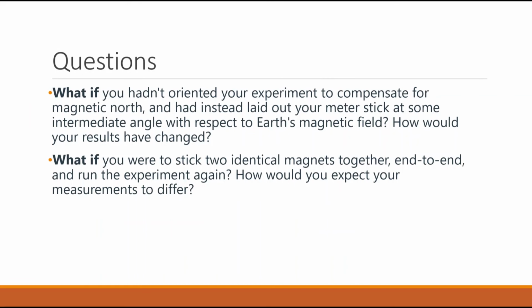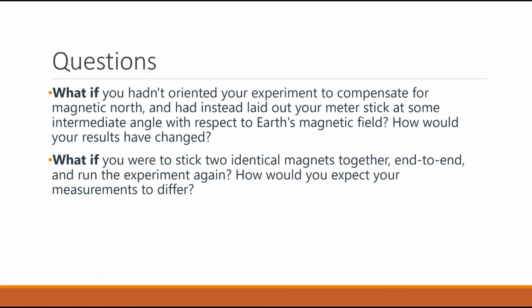So some questions. Number one is, what if you hadn't oriented your experiment to compensate for magnetic north and had instead laid out your meter stick at some intermediate angle with respect to Earth's magnetic field? How would your results have changed?